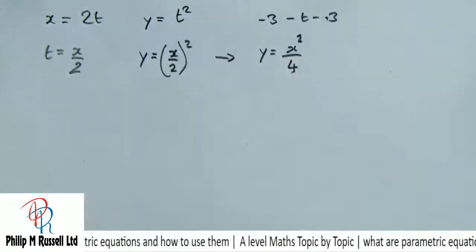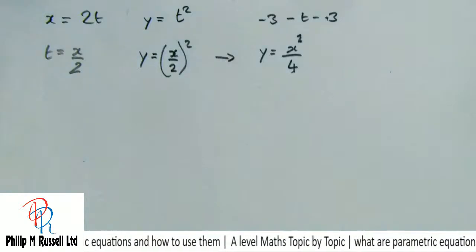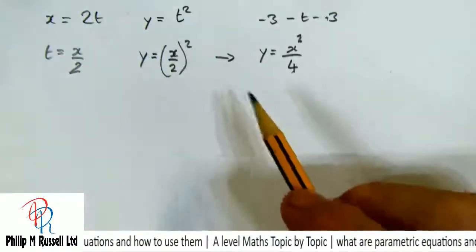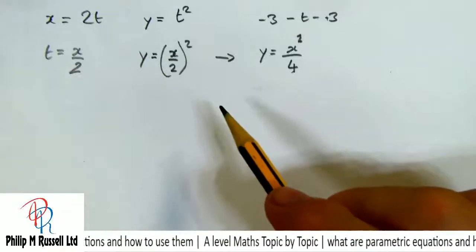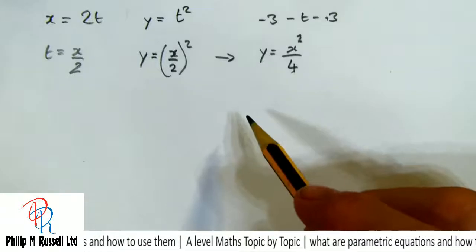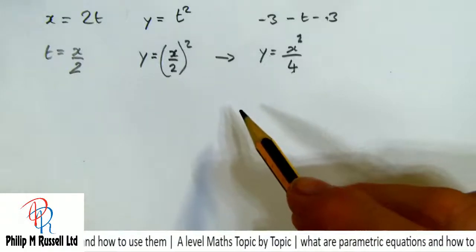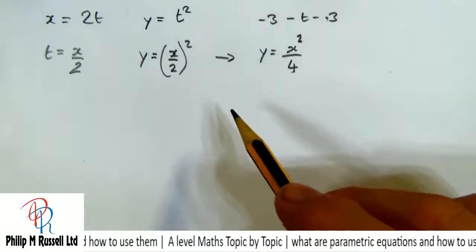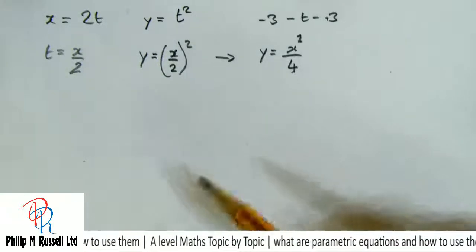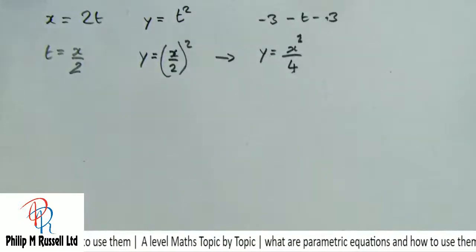Now, when we look at these things, it's a good idea to have some idea of what the basic domain and range of this is going to be. Basically, the domain of this function is the range of the parametric function of x.